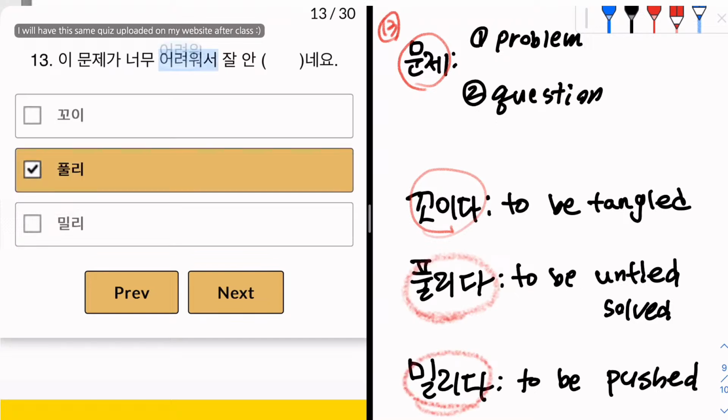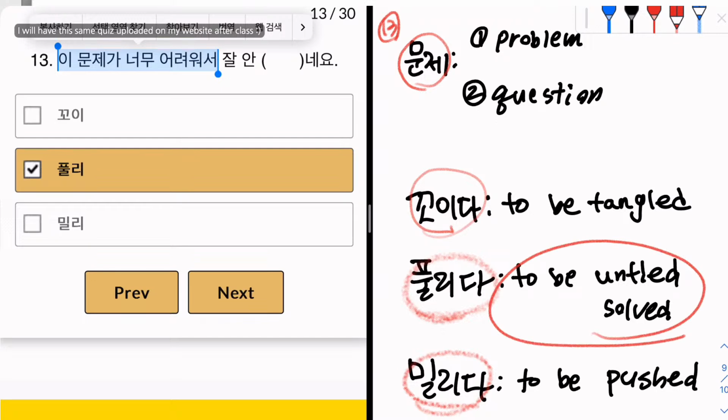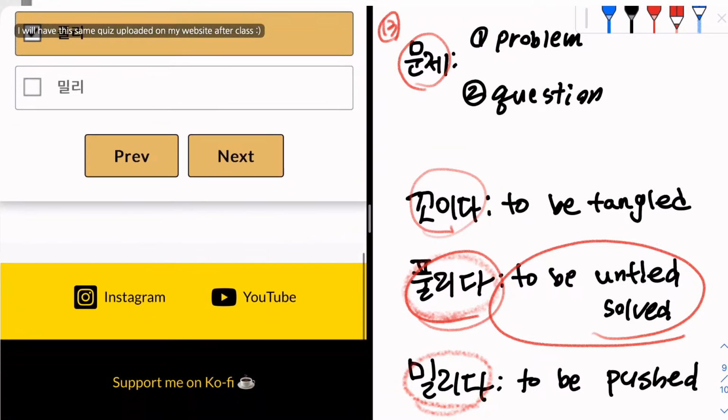But in this context, this person is saying that this question is too hard, so it's not solved well. This would be the word that fits the context the best, right? So 안 풀리네요. As for 네요 ending, it's for your immediate reaction, what you feel right now, what you think about something right now, right? And you add it with the stem of the verb. So 안 풀리네요.